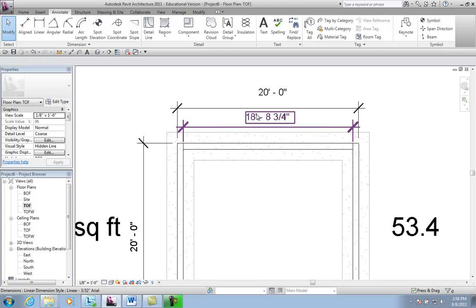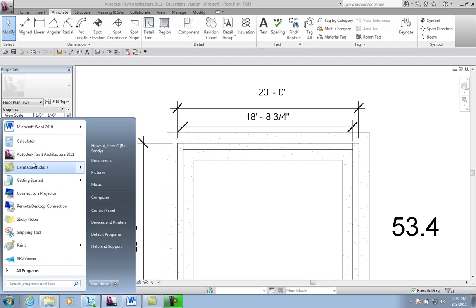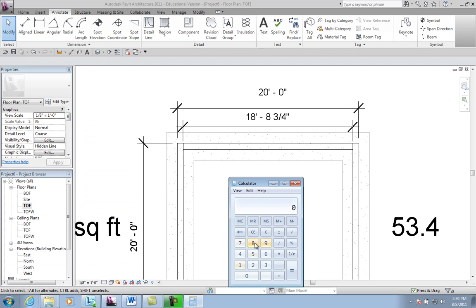So let's calculate this real quick. Let me grab my calculator, and remember, we can't have this in inches. It has to be all in feet. 8.75 inches, we're going to divide by 12, which will give us 0.729. I just write it down on my piece of paper, 0.729. Again, the height of the wall was 2 foot 8 inches.